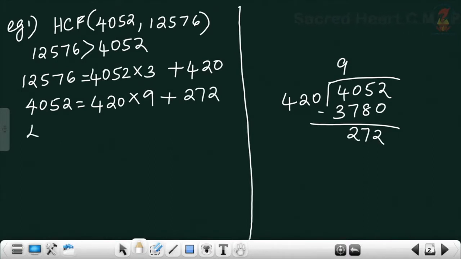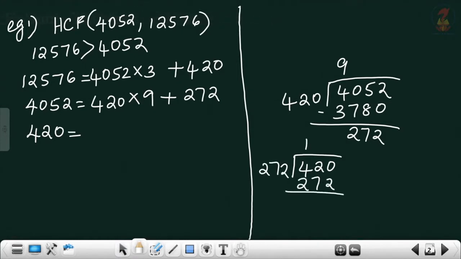Then you have to write 420 in terms of 272. 420 divided by 272. One time 272 and when you subtract you will get 148. So, you can write this as 272 into 1 plus 148.